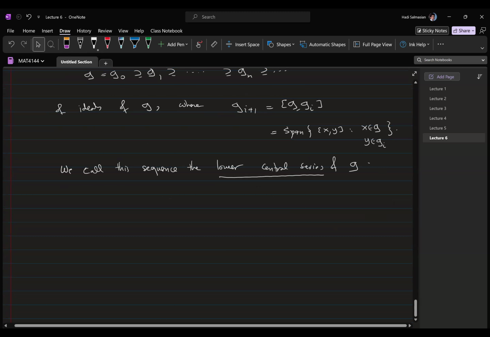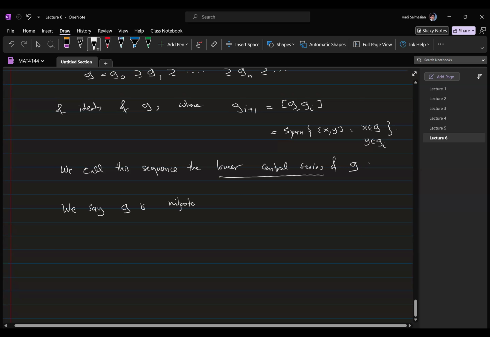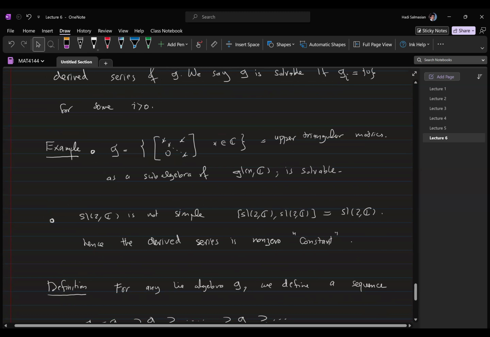And we say G is nilpotent if G^i is 0 for some i. So I did a bad thing. I should have changed my notation.